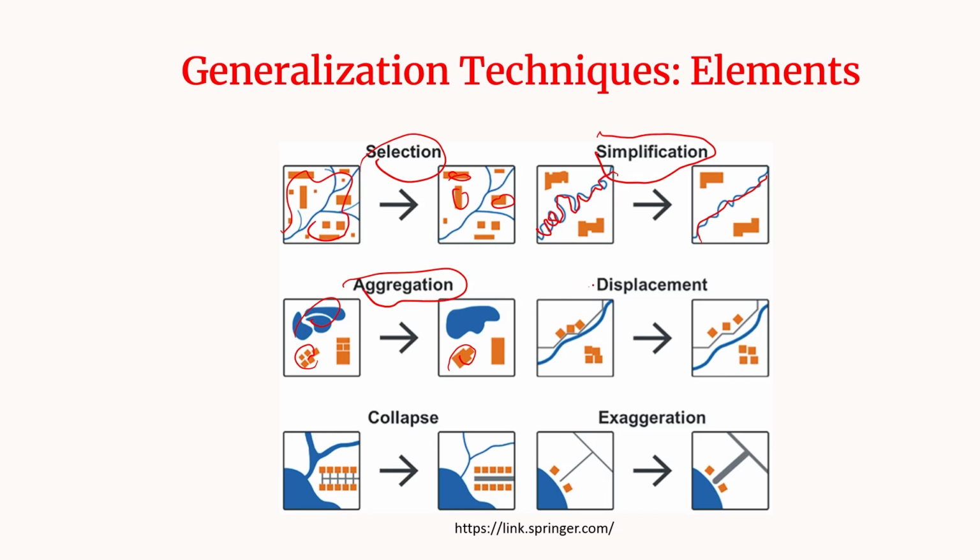The aggregation is very clear, every time we try to aggregate when we want to reduce the map. Then we have displacement. What is meant by that? Along the rivers or along the roads, different kinds of geographic entities may be there, maybe settlements, maybe some particular industry, maybe a school. Purposefully we try to put everything nearby a river or nearby a road, that is called displacement.